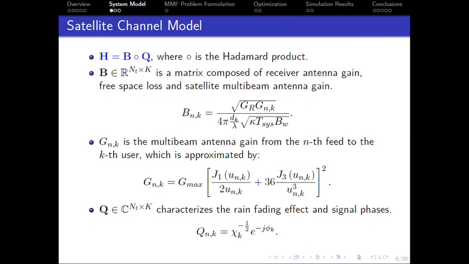Its (n,k)-th entry is modeled here, where G_nk is the multibeam antenna gain from the n-th feed to the k-th user. Moreover, the rain fading effect and signal phases are characterized in the matrix Q.